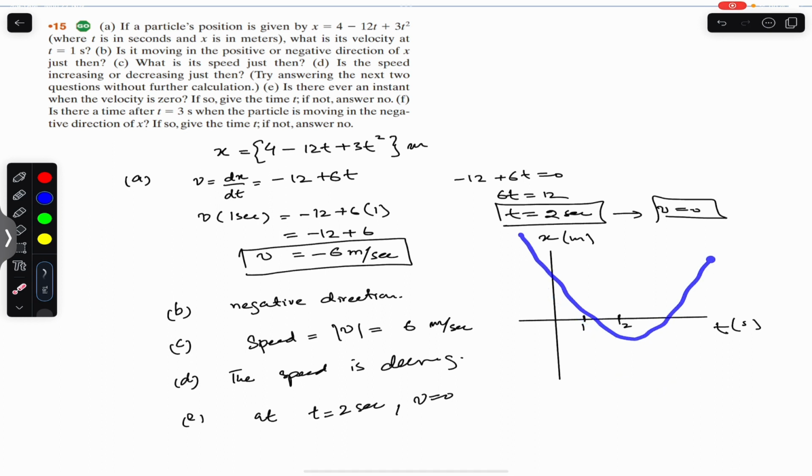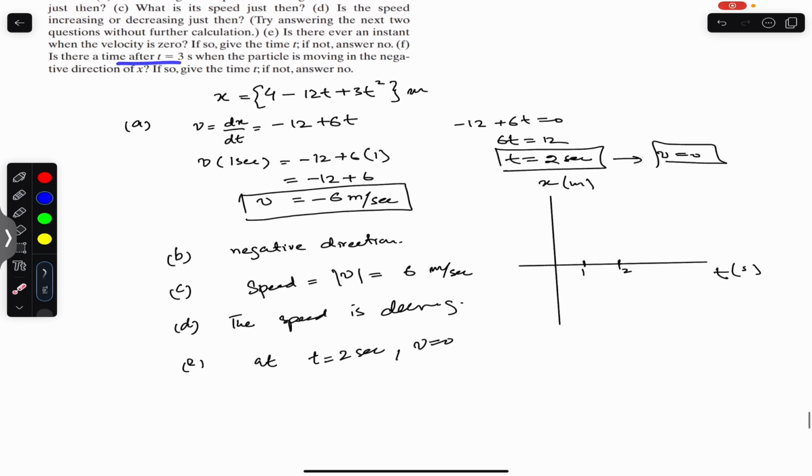So the slope is negative, negative, negative, and then it becomes positive, positive, positive. So this means the particle is moving in the positive direction after t equals 3 seconds. So for F we can say that no, there is no such instant after t equals 3 seconds when the particle is moving in the negative direction. So initially we can summarize this.